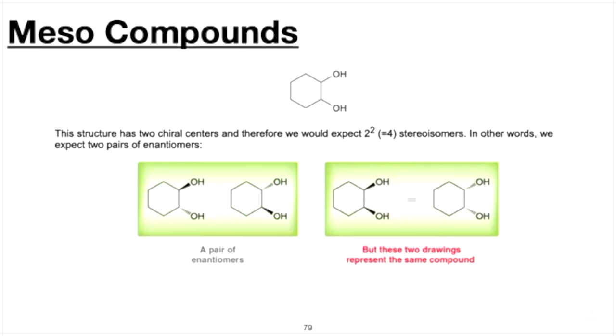Try and envision that looking straight across the CC bond here, both up. And in your mind, I want you to flip it over, just simply over, like a pancake. I think you'd find that that's the exact same molecule as the one down.